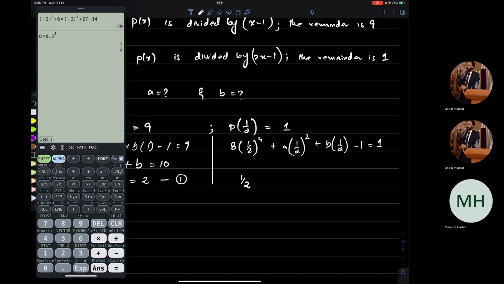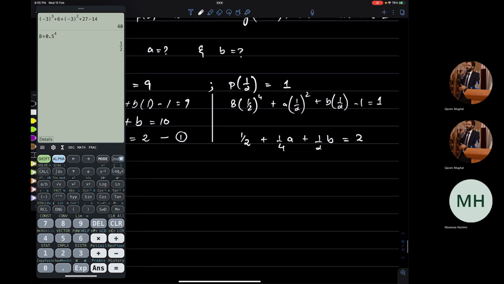Plus 1 squared is 1, 2 squared is 4, so that is 1/4 A plus 1/2 B equals minus 1 when moved to the other side. That's going to be plus 1, so 1 plus 1 is 2. Simplifying further, 1/4 A plus 1/2 B equals 2 minus 1/2, which is 3/2.